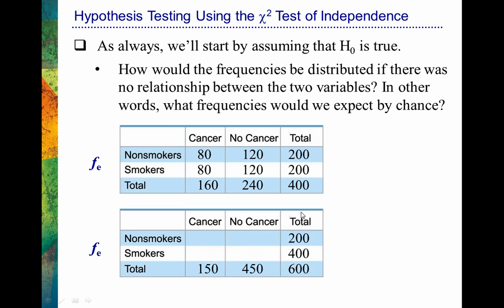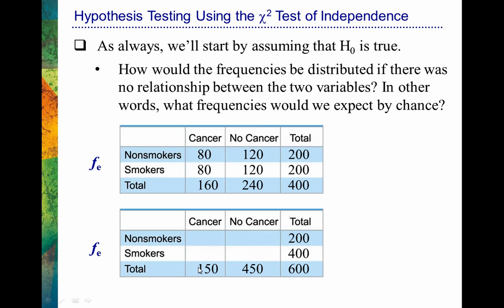Well, let's just look at it intuitively. That's what we're doing here on this particular page. We're just looking at these expected frequencies intuitively. So here we can see of the total people involved, 600, 1/3 of them are non-smokers, 2/3 of them are smokers.